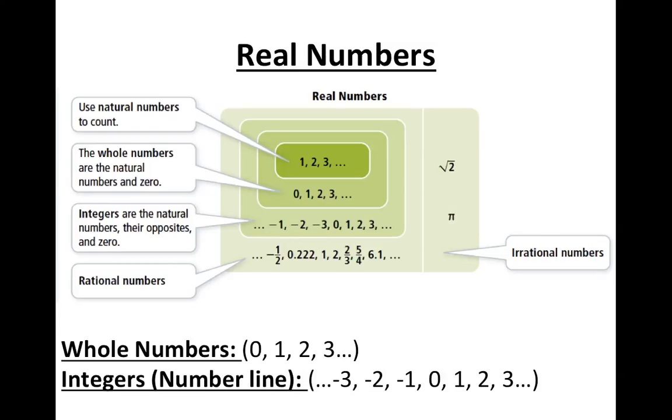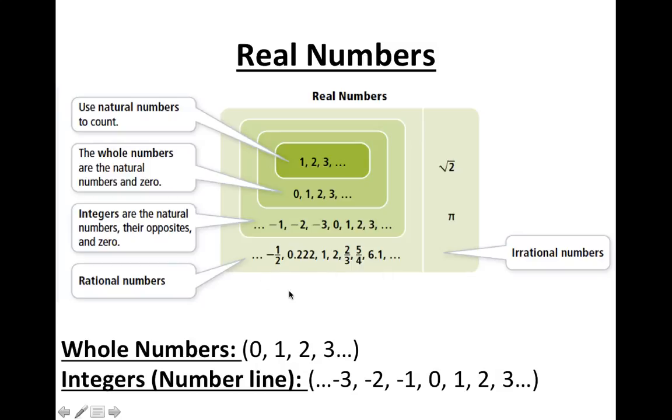To classify some of our real numbers, we start with the natural counting numbers: 1, 2, 3, and going up from there. Then you add the whole numbers, which are the natural numbers with 0 added at the front. Integers are the natural numbers, their opposites, and 0, like what we had on the number line in the previous slide. Then we have rational numbers that are fractions, or decimals that repeat. So here we have -1/2, 2/3, 5/4.